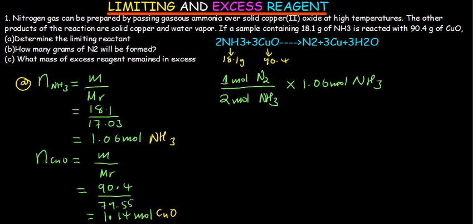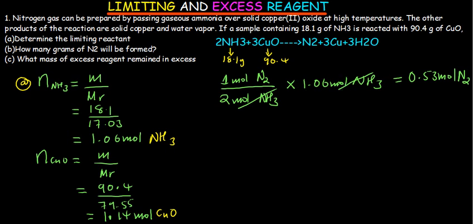Here the moles of ammonia cancel, so what we have is 1.06 divided by 2, and that gives us 0.53 moles of nitrogen gas. So this is when we use the moles of ammonia that are available.